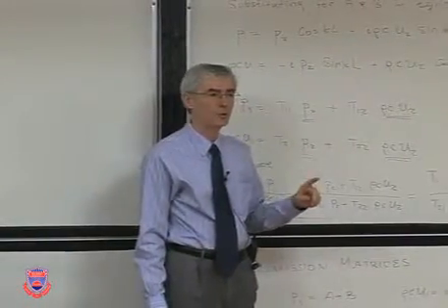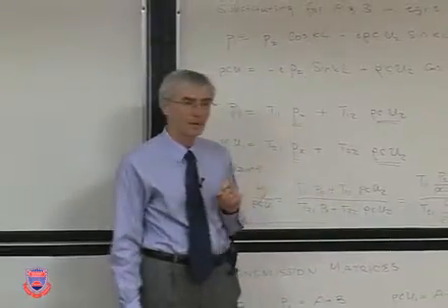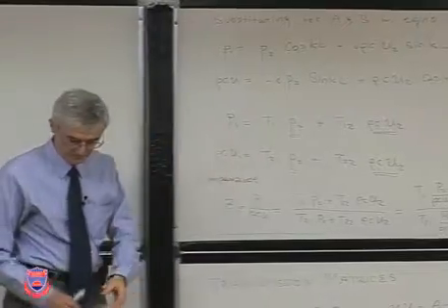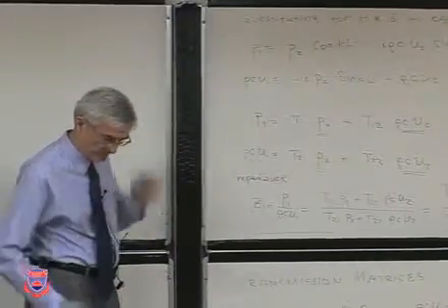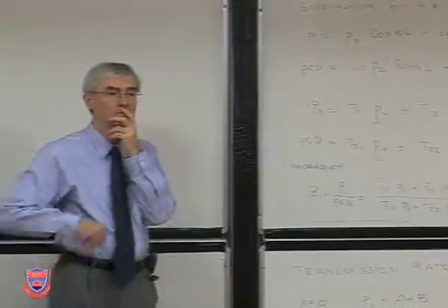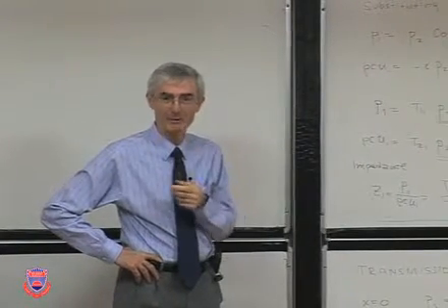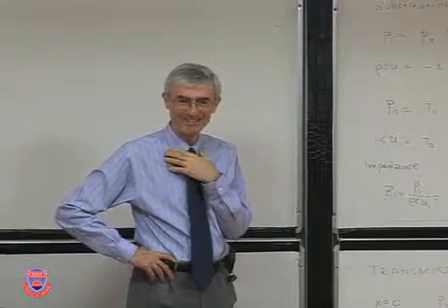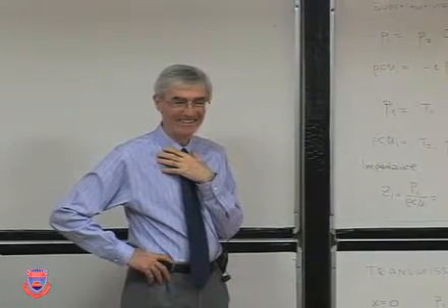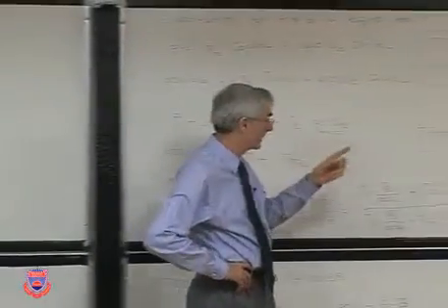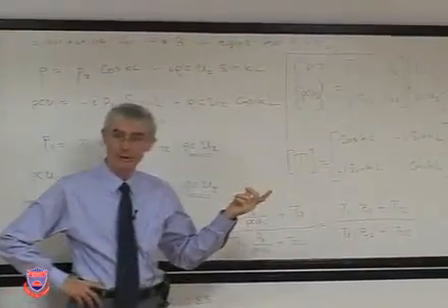Now, what is the determinant of the transmission matrix in this case? Can you tell? Sorry? I'm asking you. Is it 1? Yes, it is 1. So now this is also very important.